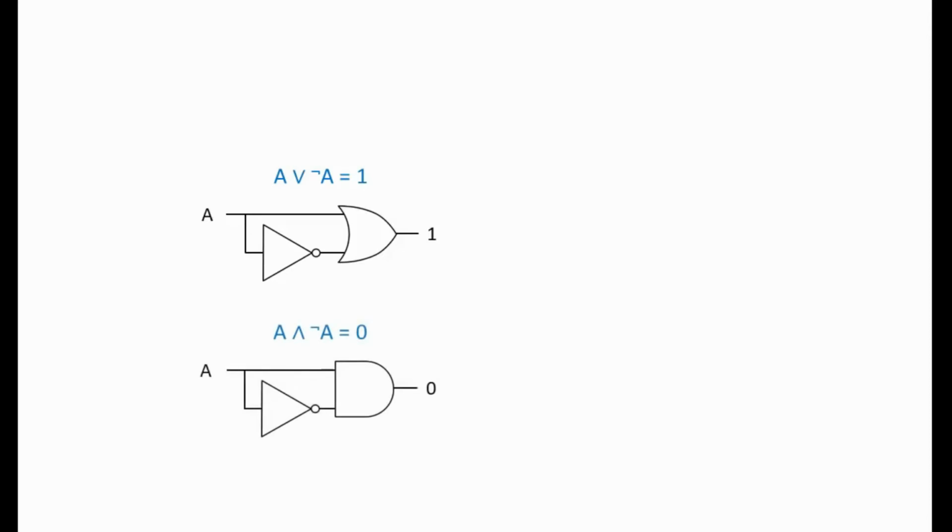In this combination, the AND gate is being fed input A along with its inverse. So the AND gate is always being fed a 1 and a 0, regardless of what A is. The output of the AND gate here must always be 0. Another name for the inverse of a Boolean value is its complement. So these expressions are known as the complement law.